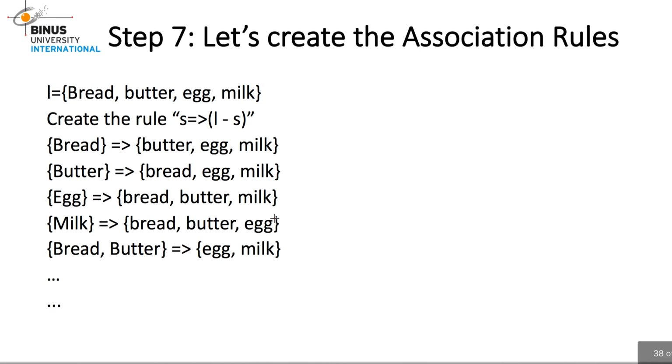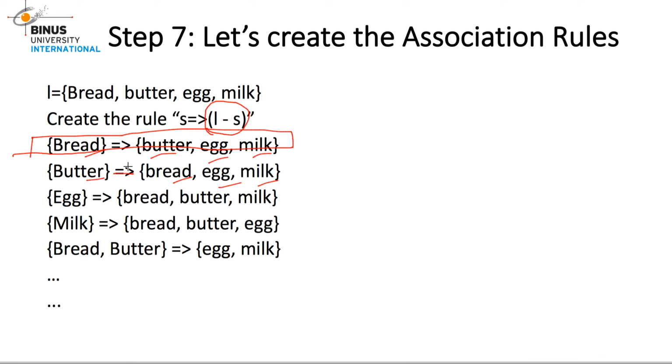The next step to build the association rules is we complete them with L minus S, which means we complete these rules with the rest. So if we have bread, the rest items will be butter, egg, and milk. If we have butter, the rest will be bread, egg, and milk.